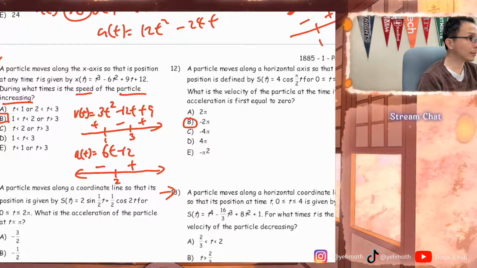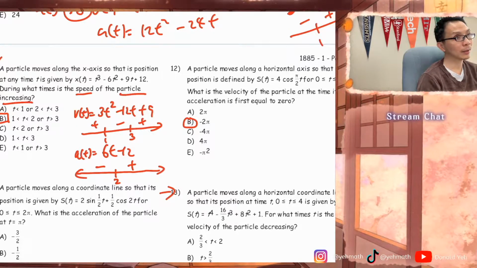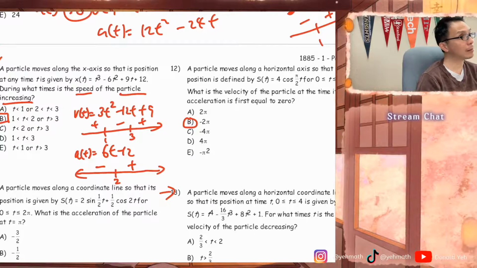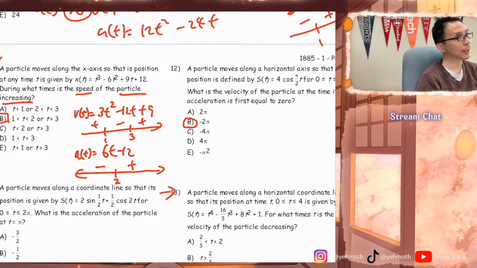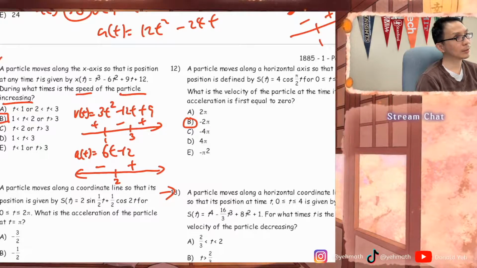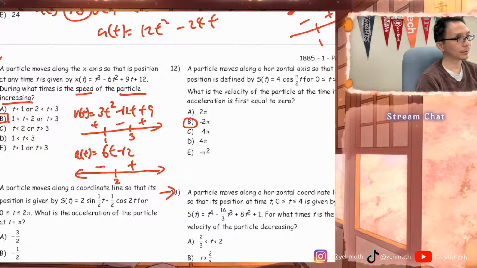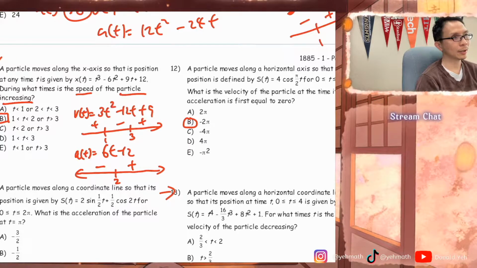No. Yes. How do you actually consider negative velocity? Negative velocity? I don't actually comprehend the question.